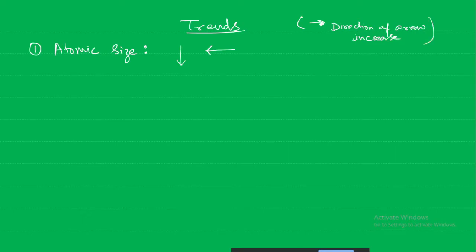I am not showing decrease, only one thing: whichever side the arrow points, that is increase. So across the period it is like this, increasing is this side, so you will have the larger size.